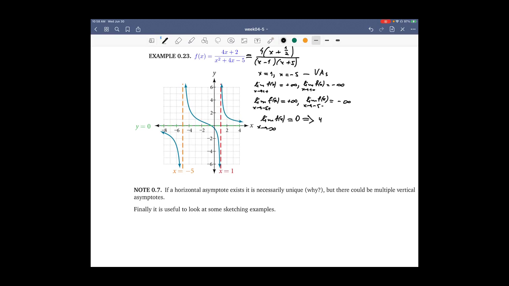So that implies that y equals 0, which is, of course, the x-axis, is a horizontal asymptote, which is what we see in the picture.